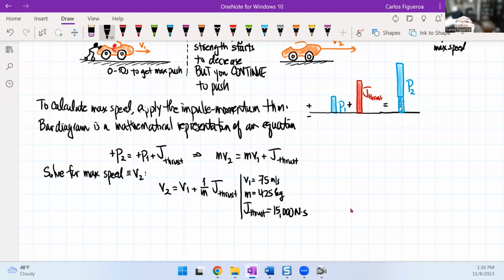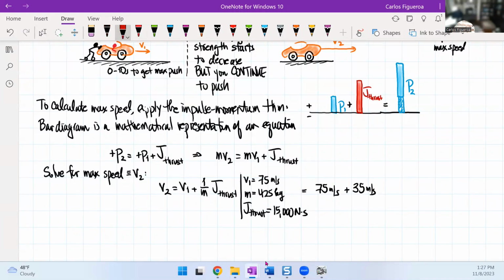So if I plug in these numerical values, what we're seeing here is that the initial speed of the rocket was 75 meters per second. What did the thrust actually do here? It added 35 meters per second, right?